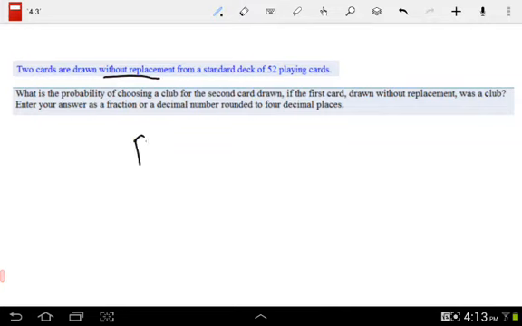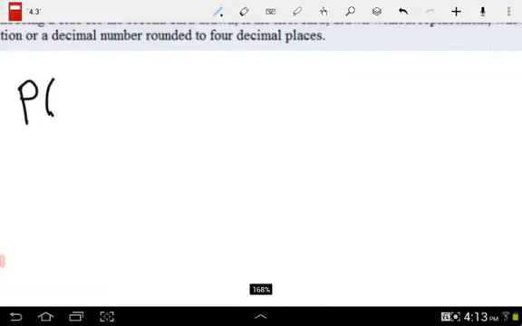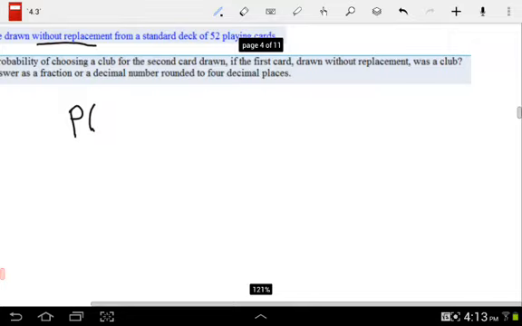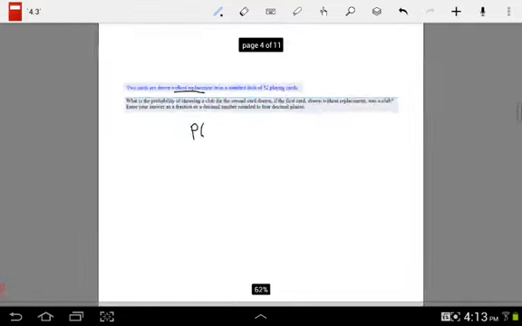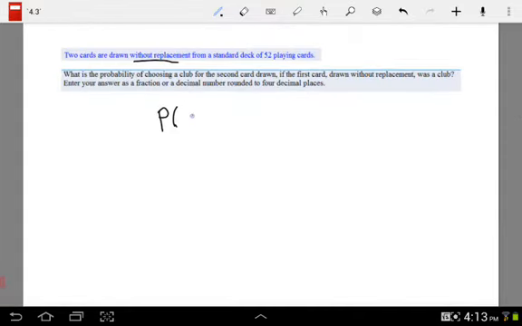What's the probability that we draw a club given that we've drawn a club first, without replacement.